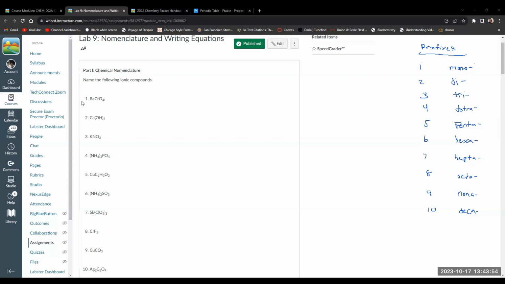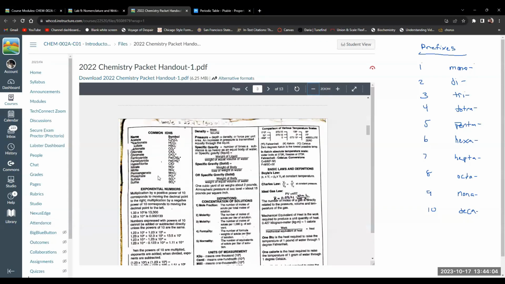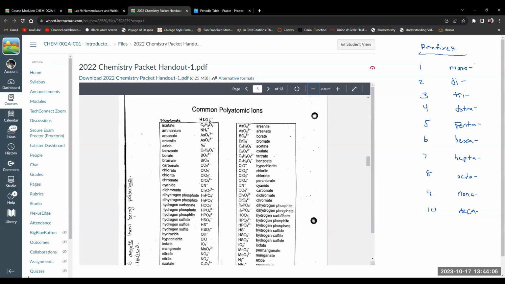This is because these metals are actually bonding with polyatomics. So if you go into your packet here, you get a long table of just common polyatomic ions. This is where things get tricky, and a lot of students tend to mess up. So it's probably best to pay attention here. Again, we're not using prefixes because we're not working with covalent bonds.